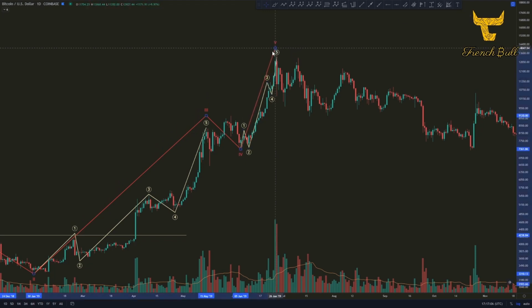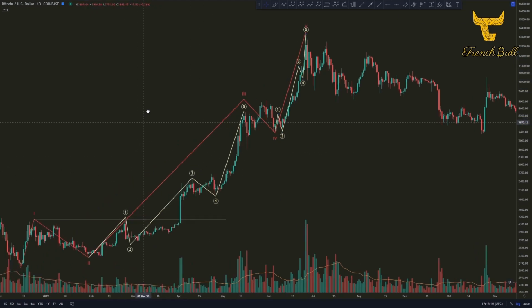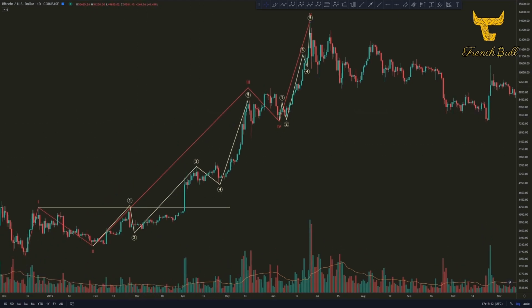So in the fifth wave, usually that's when market exuberance reaches its extreme level. You will see almost only bullish news, bullish charts. Bulls will be very loud.